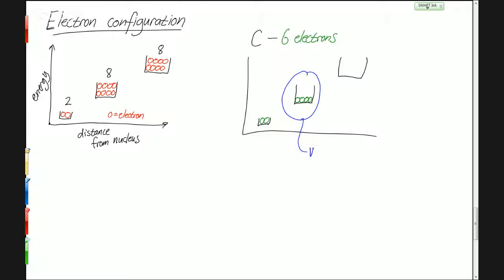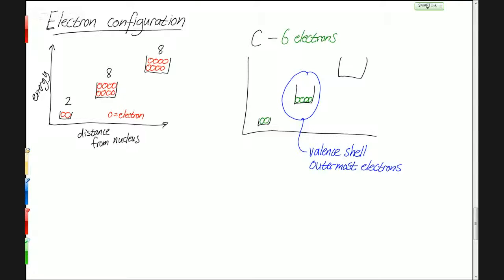So this is going to be our valence shell or valence level. And this has the outermost electrons, the ones that are furthest from the nucleus. Those are the most reactive. Those are the ones that do all the chemistry.